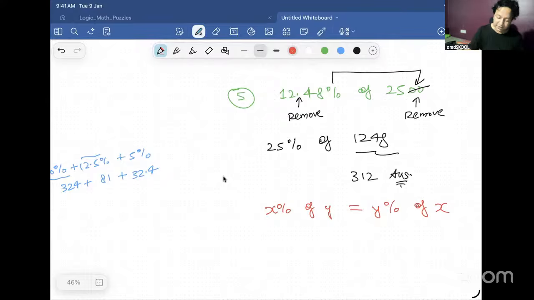Clear? Okay. So here we are done with how to use this tool accurately.